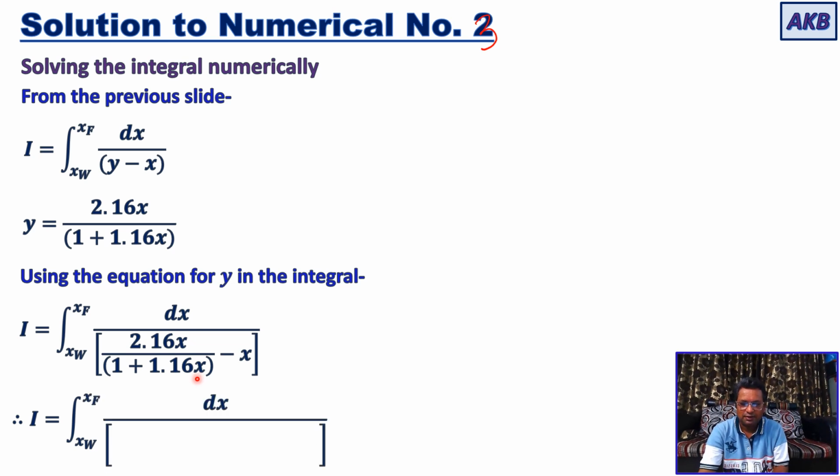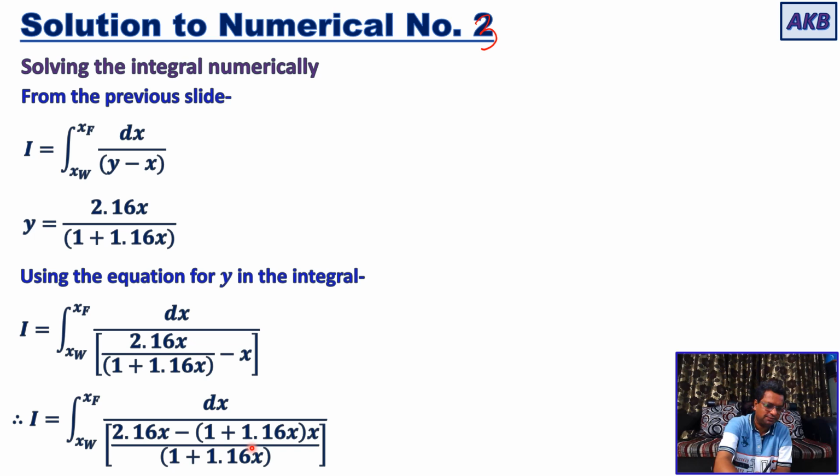If you simplify it, you get I is equal to the integration from xw to xf of dx upon 2.16x minus (1 plus 1.16x) into x, divided by 1 plus 1.16 into x.